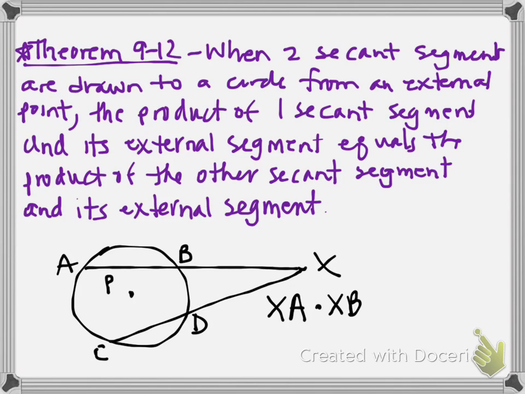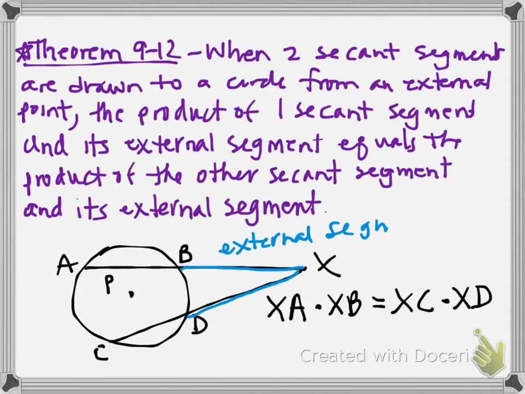That product is going to be the same as the product of the other secant, that's XC, times its external segment, that would be XD. Okay? So again, I'll highlight over here, these are called external segments.